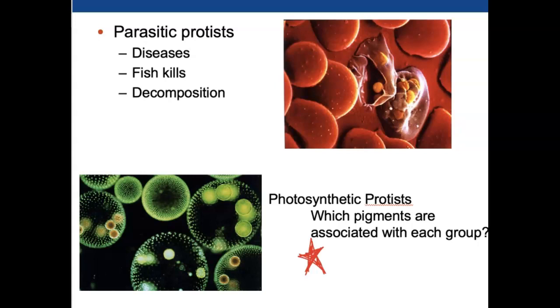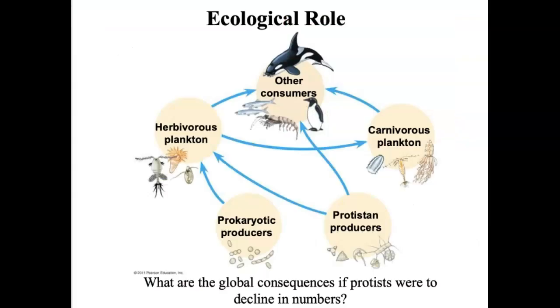So, all right, to wrap all this up, I'll show you guys kind of the ecological food chain of protists in the ocean here. So you got all sorts of producers, the producer base in the ocean.